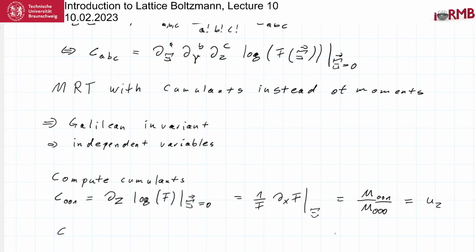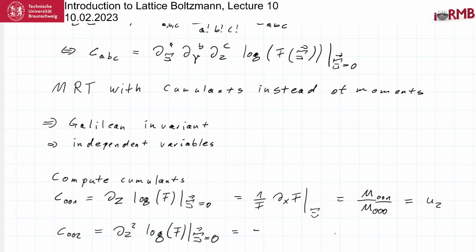Okay, let's take another one. C200. This is the second derivative in the zeta direction of the logarithm of f at xi equal to 0. Now again, we have to apply the chain rule, and now we have to apply it two times.